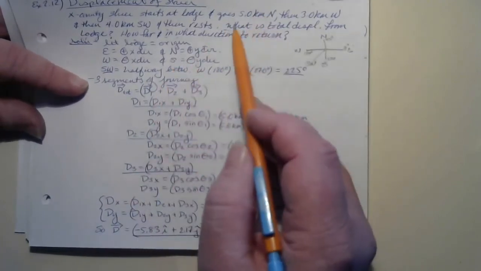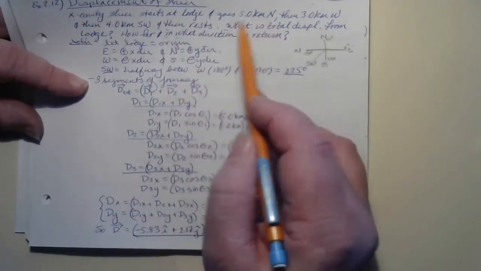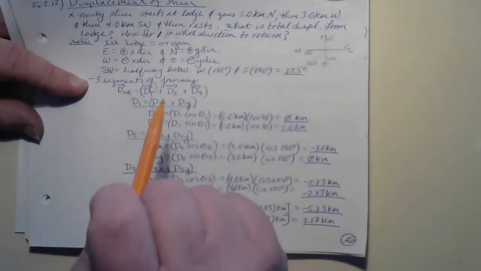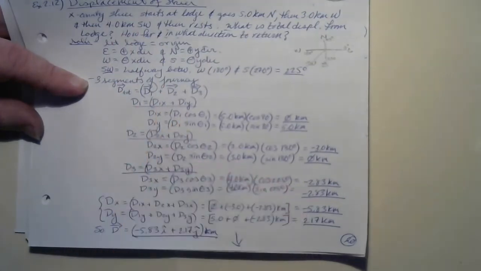According to the problem, there are 3 segments to the journey. There's the 5 kilometers north, 3 kilometers west, and 4 kilometers southwest. So you would want to divide up the 3 segments of the journey and find the vector components for each of them.